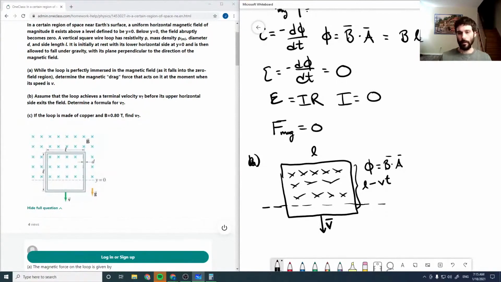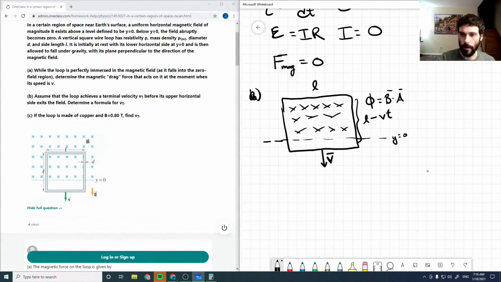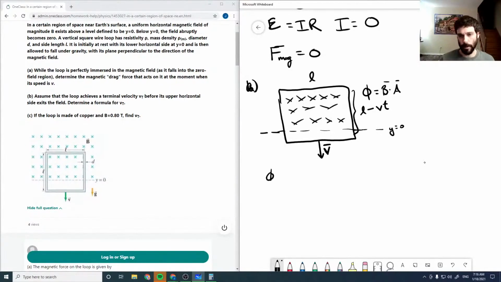Now we're assuming that we're starting at time equals 0 when it's right at the y equals 0 point. Okay. So then our phi with this expression is then B, as our B field's constant and parallel to our A field, then our area is L times L minus vt, like that.